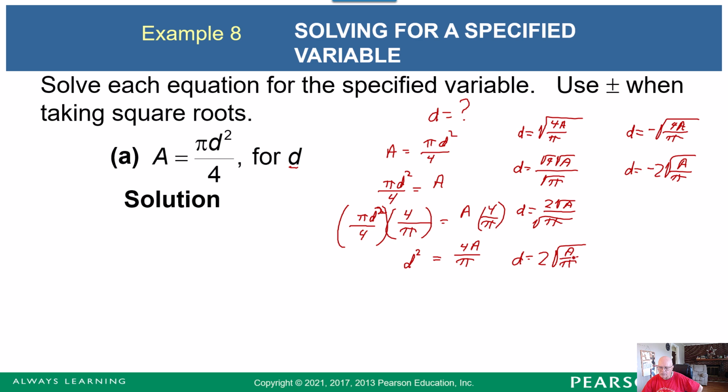And on the bottom, the square root of pi times the square root of pi is just pi. So we could write it that way. And everyone would be satisfied with that. If you write this one, I'm going to say that's fine. If you write this one, that's going to be fine as well. And if you want to be complete here, the other one will be the same thing except a minus sign out front.